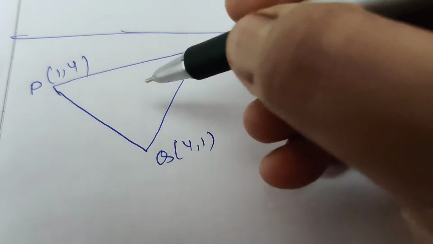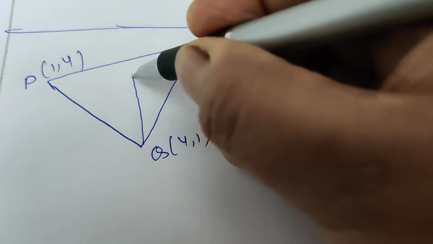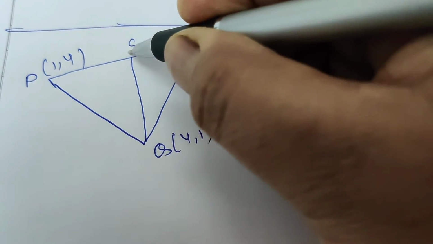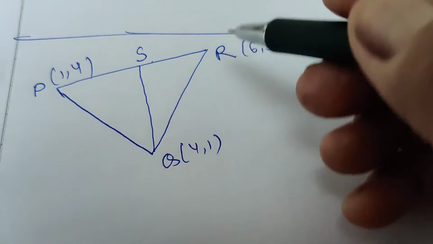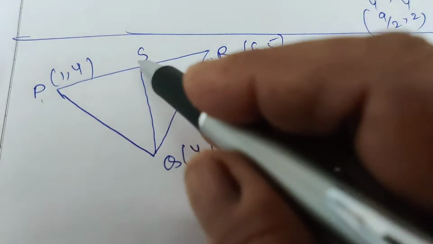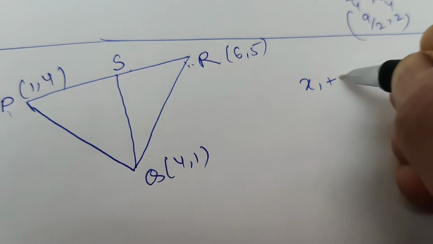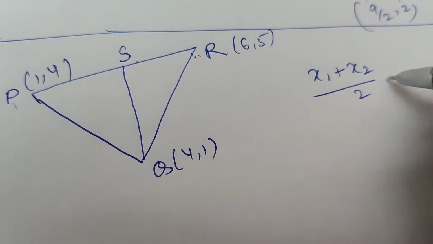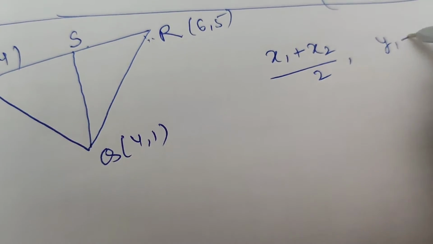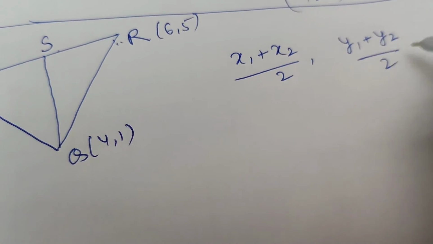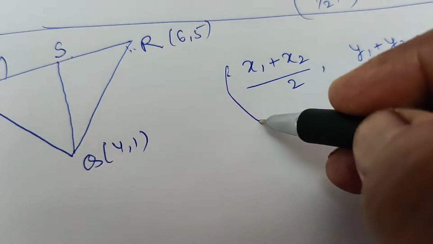Now the median from Q at PR, this is a point S. S is the midpoint of PR. The formula of midpoint of coordinates is x1 plus x2 by 2 and y1 plus y2 by 2. This is the formula of finding the midpoint.